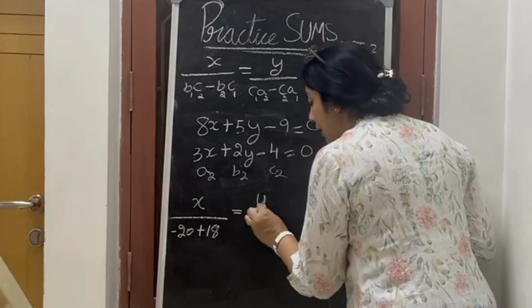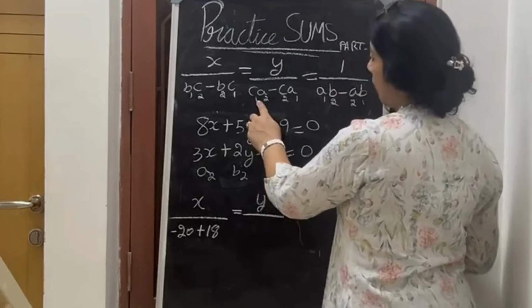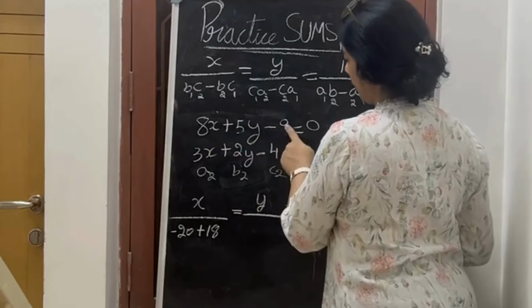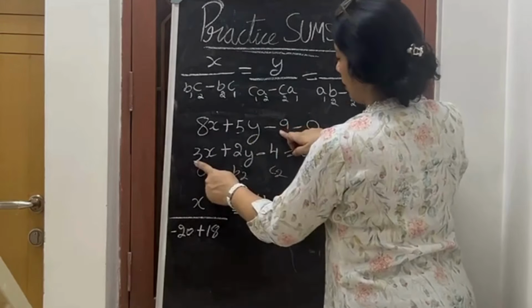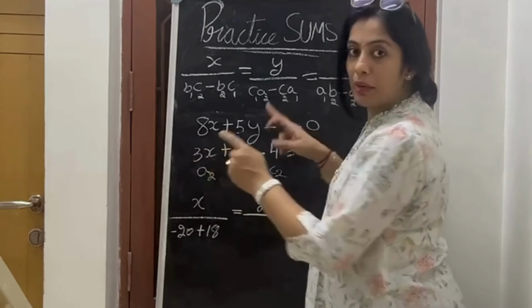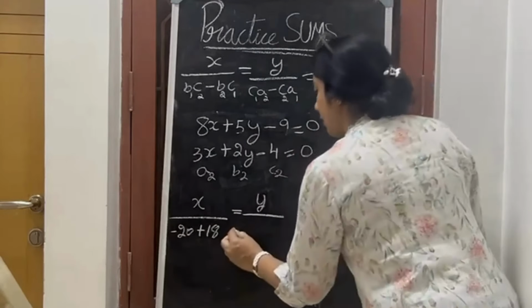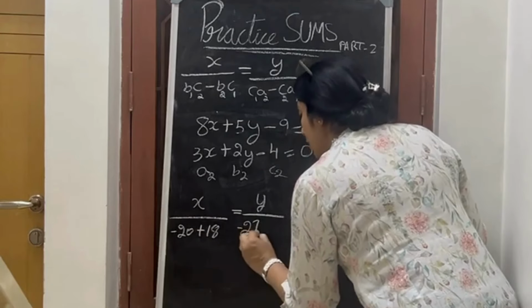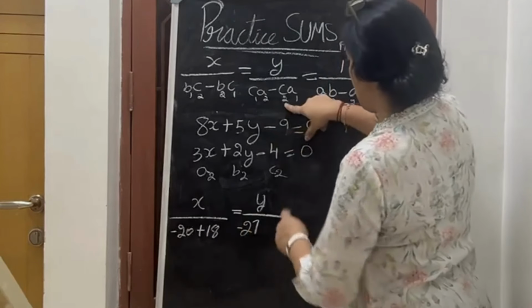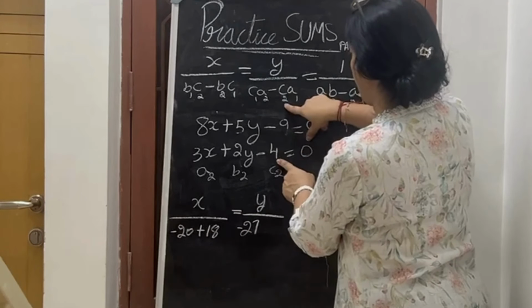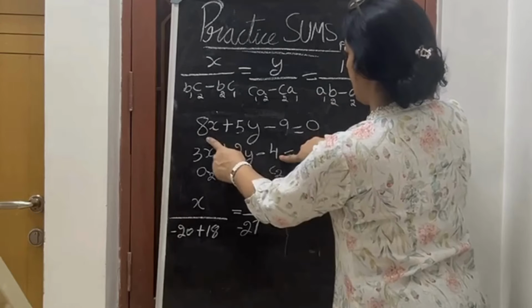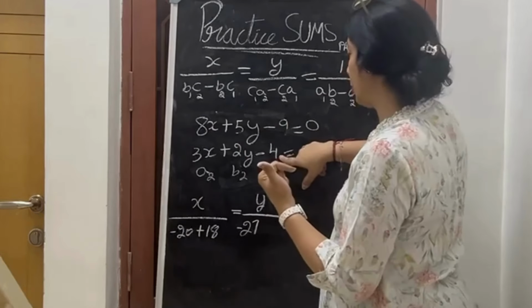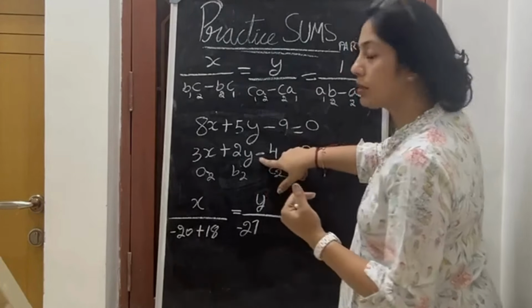Equals y by C1A2. What is C1? C1 is minus 9, A2 is 3. Minus 9 into 3 is minus 27. Then it's C2. C2 is minus 4, A1 is 8. 4 8s are 32. It's minus 32 because this is minus.